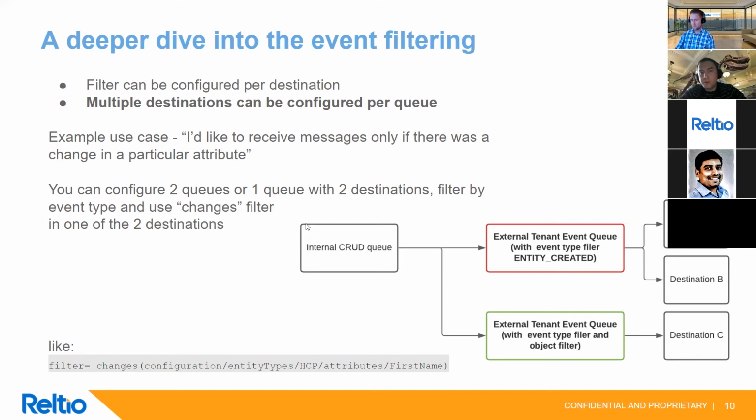If you click on monitor internal queue, you will see two types of monitoring there: failures and dead letter queue. If anything failed to be propagated from here to here, you would see it in one of these two views: error messages or dead letter queue messages. This is the same pipeline.